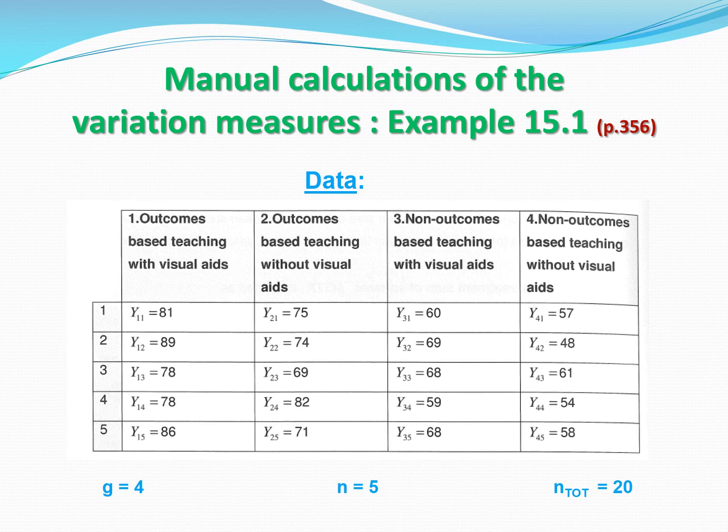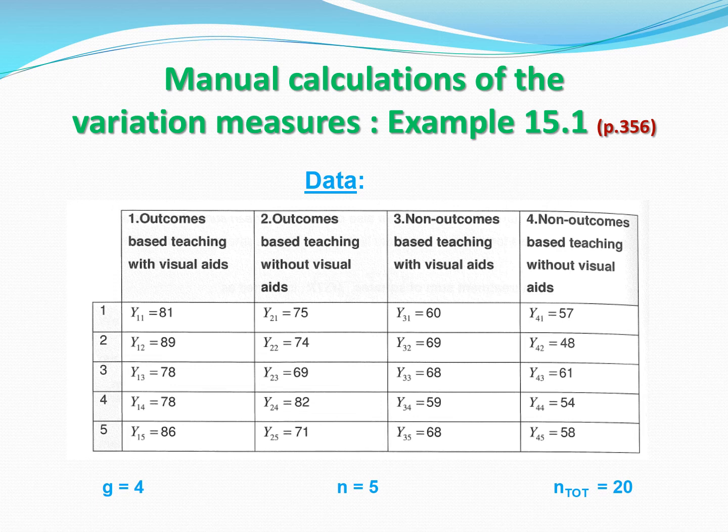We can now try these manual calculations of the variation measures for example 15.1. The data is given on page 356 of your textbook. Just to recap on the scenario quickly, we had 20 students in the study, so our n total will be 20.